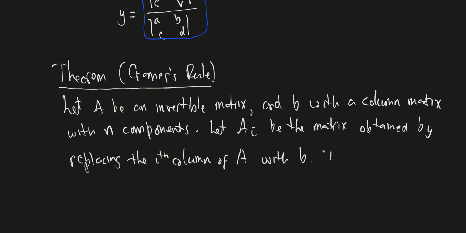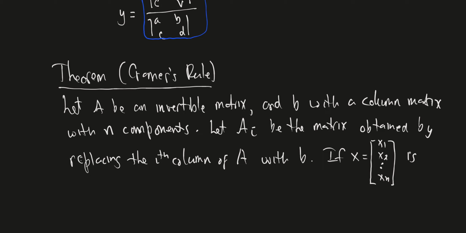So basically I'm just writing down what my variables are, and again I'm using our standard variables for a linear system, x1, x2, dot dot dot, xn.